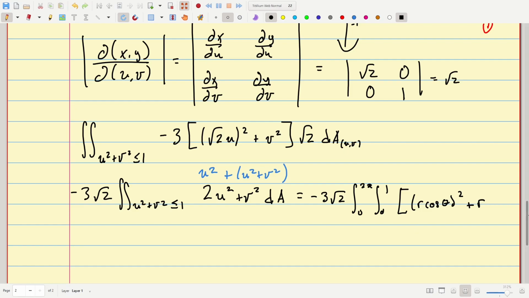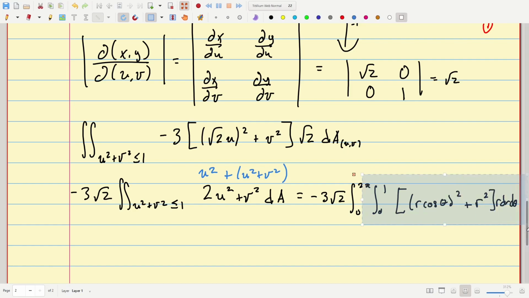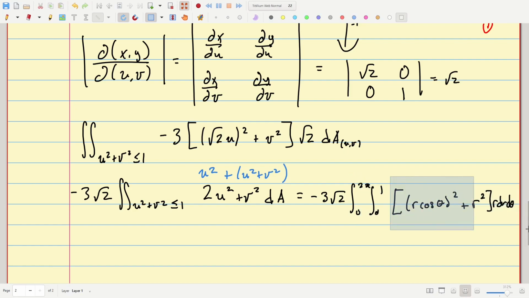The u squared plus v squared part is r squared, r dr d theta. Now, that's a doable problem.